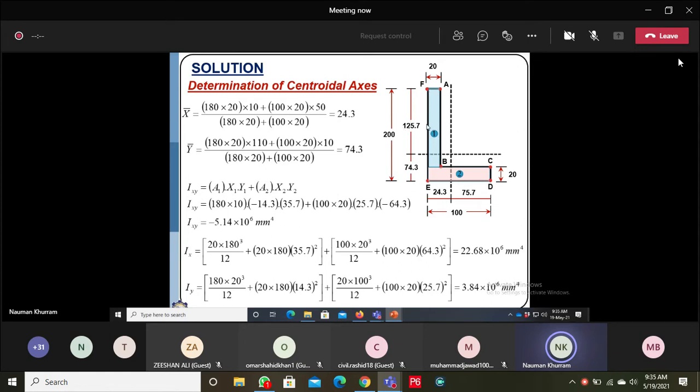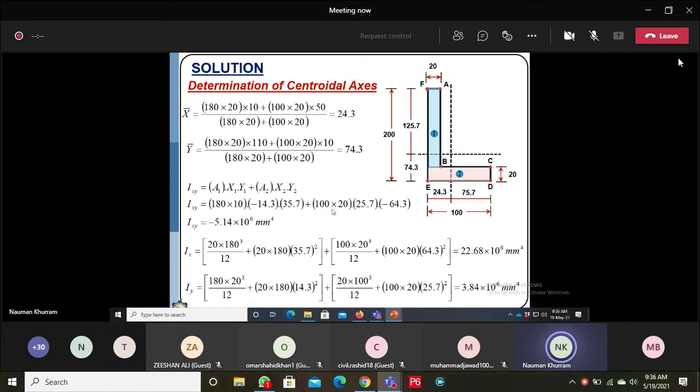The length of area 1 is 180, which means its centroidal location will be at 90 millimeter from the top. So 125.7 minus 90, the answer will be 35.7, and that will be positive because in the second quadrant the y coordinate is positive.